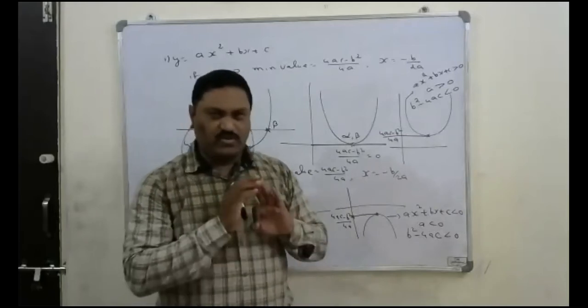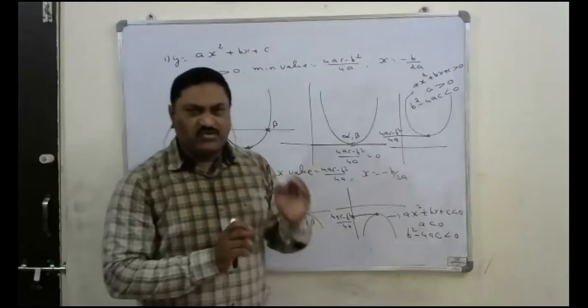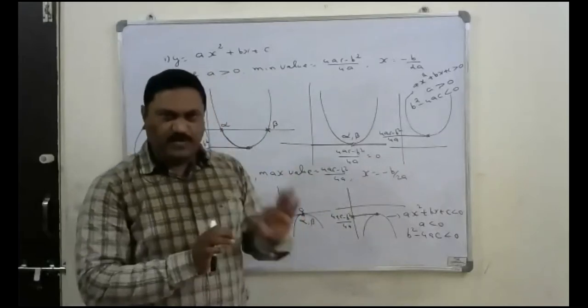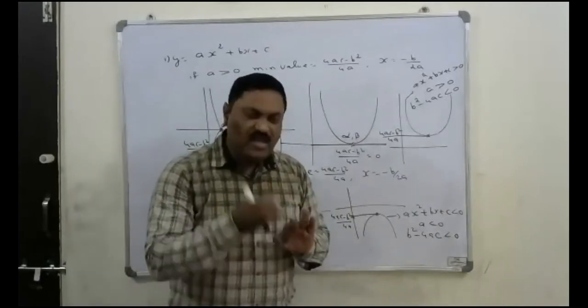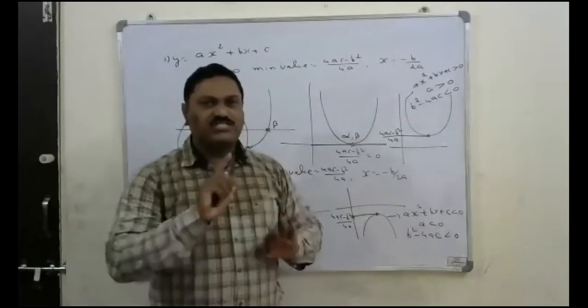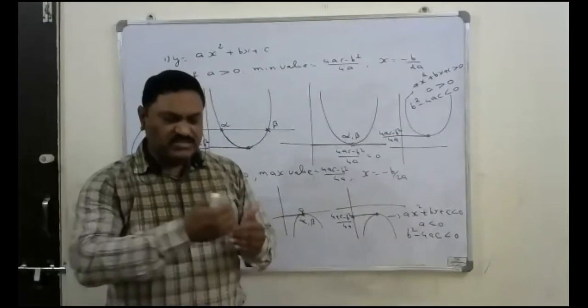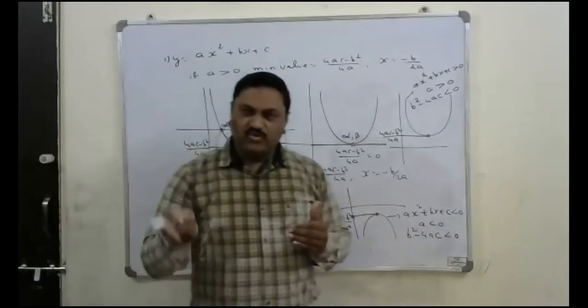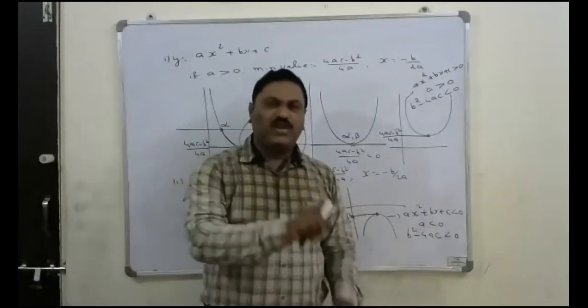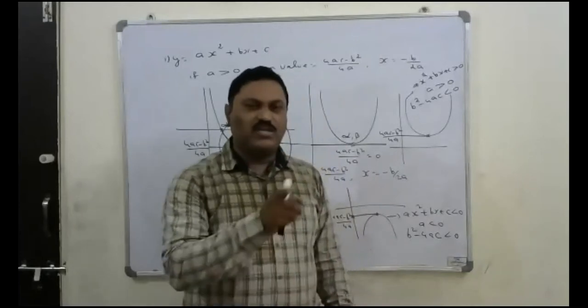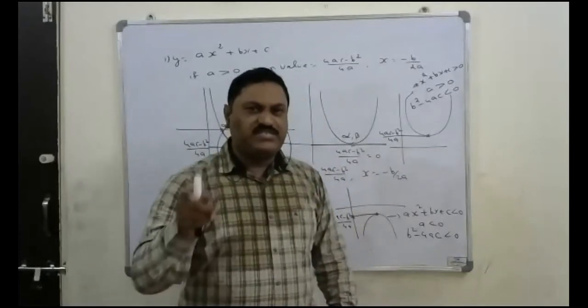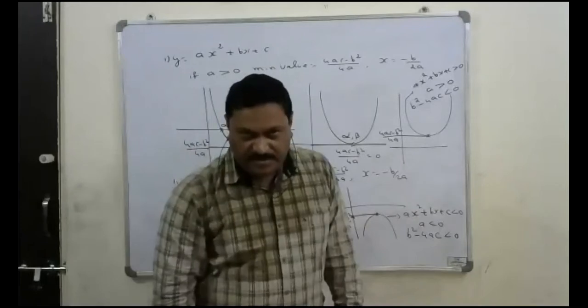These are the three points you have to remember. Understand? So when ax square plus bx plus c, that is the expression, and the coefficient of x square have the same sign, for all x belongs to R, the roots are complex. Okay, this is straightforward. Or when the roots are complex, for all x belongs to R, ax square plus bx plus c and a will have the same sign.